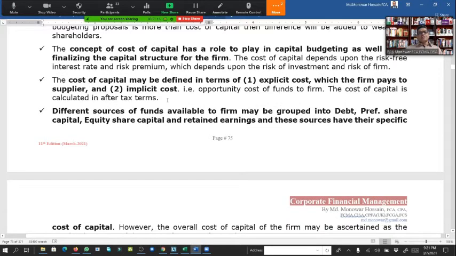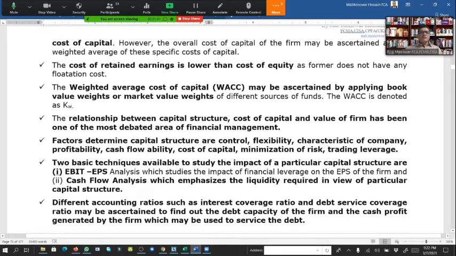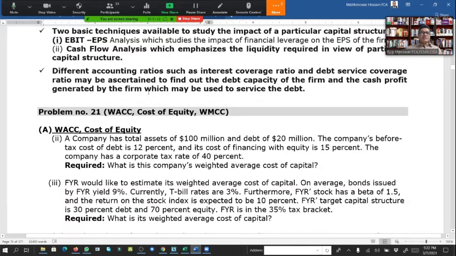Cost of capital may be defined in terms of explicit cost, which the firm pays to suppliers, and implicit cost, opportunity cost. The different sources of funds available to the company may be grouped into debt, preference share capital, equity capital, etc. So all have a cost.